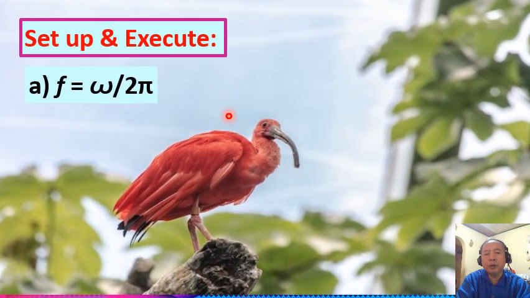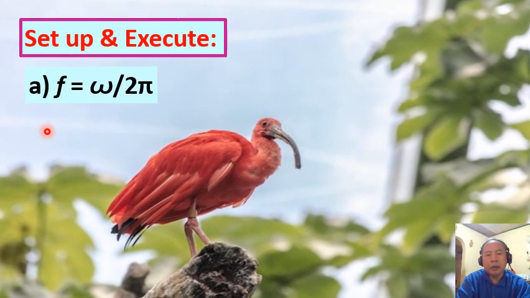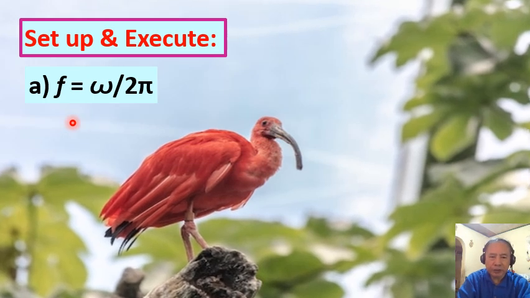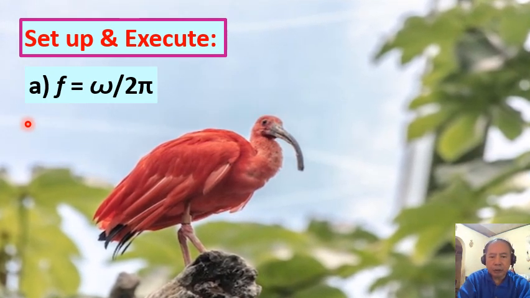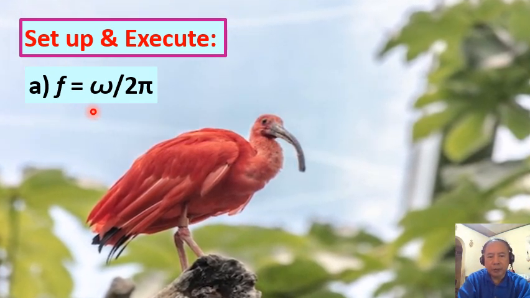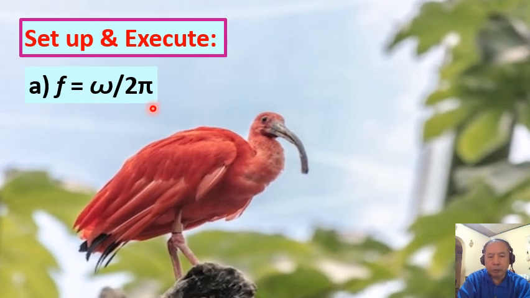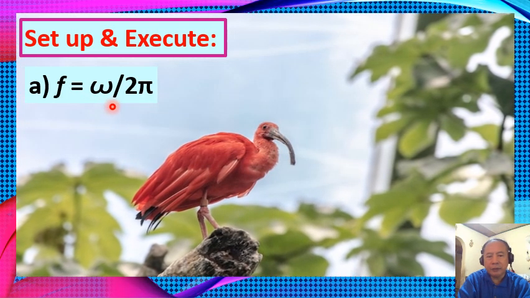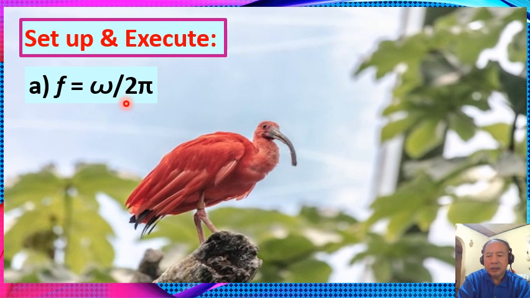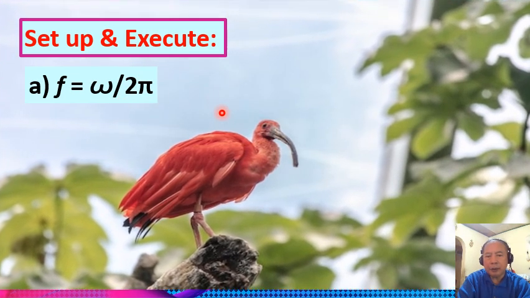So for our solution, starting with finding the frequency F of the source using the formula F equals omega divided by 2 pi, where omega is the angular frequency that is not given in the problem.